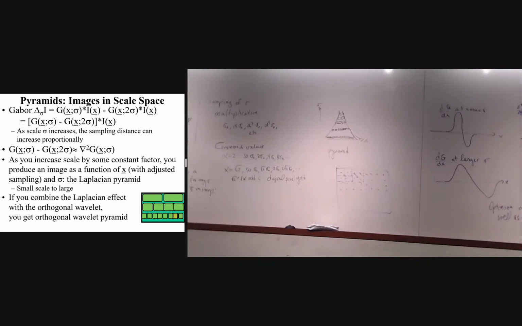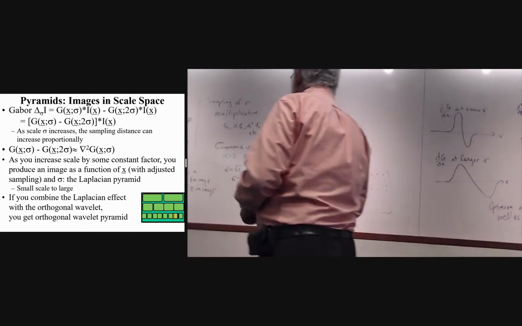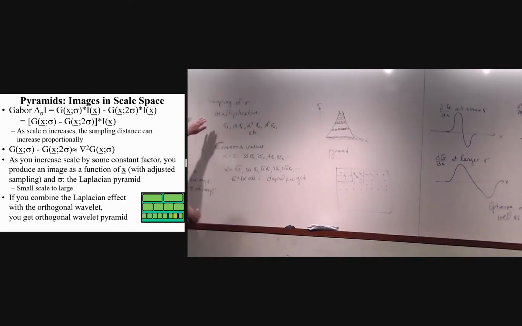Or if you want to do root 2, you're going to do sigma, root 2 sigma, root 2 squared sigma, which is 2 sigma, 2 root 2 sigma, which is root 2 cubed sigma, and so on. Okay, so we have this multiplicative sampling by some factor alpha, and while you can use other than 2 and root 2, there have been some fairly convincing results that root 2 ends up giving you better results than 2.